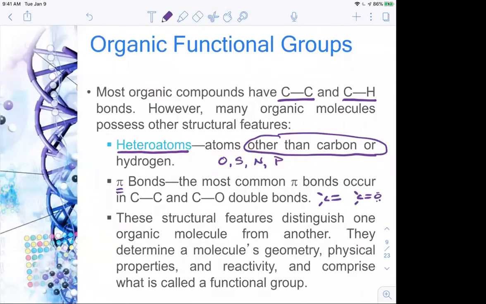These structural features that we're talking about are what distinguish one organic molecule from another. So just like with hybridization, right? This is sp2. If I have an alkane which is all singly bonded, that would be sp3 carbons, right? This is going to determine a molecule's geometry, the physical properties, and the reactivity, and all those things are determined by what functional groups are present.